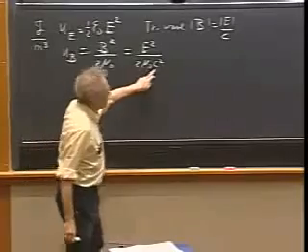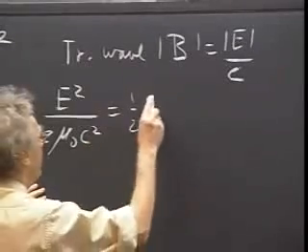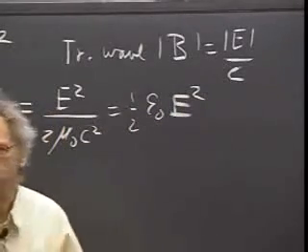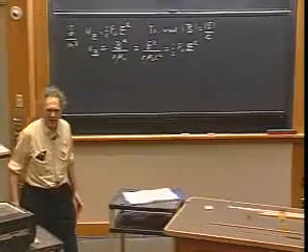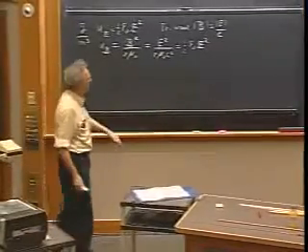But c squared is 1 over epsilon 0 mu 0, so this is also 1/2 epsilon 0 E squared. And what you see now is so wonderful, so beautifully symmetric in electromagnetic waves. One is the same as the other. One cannot exist without the other.